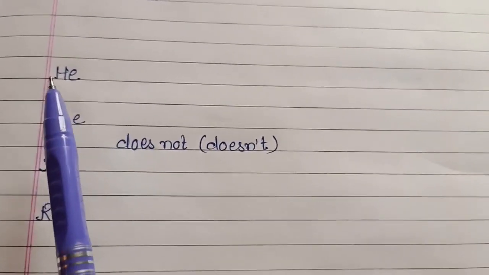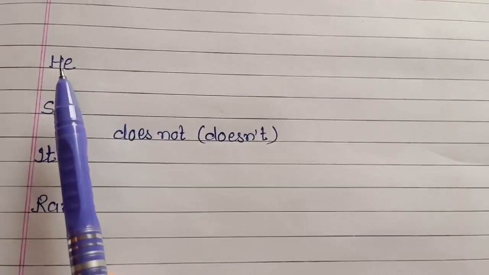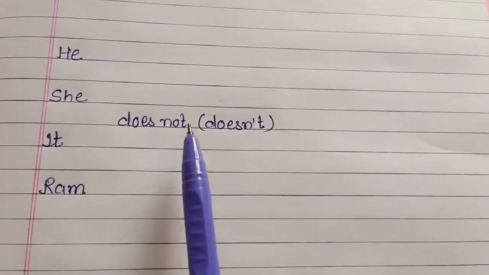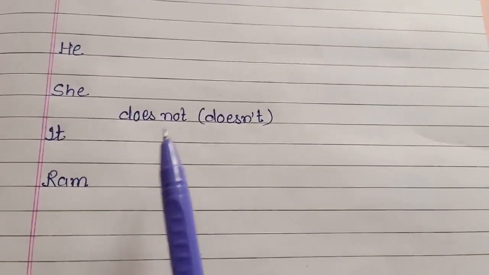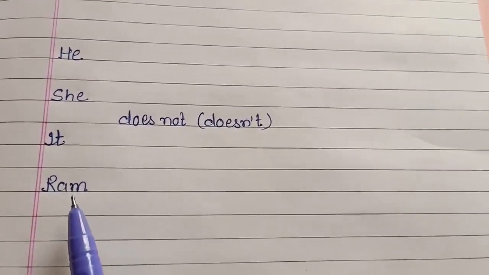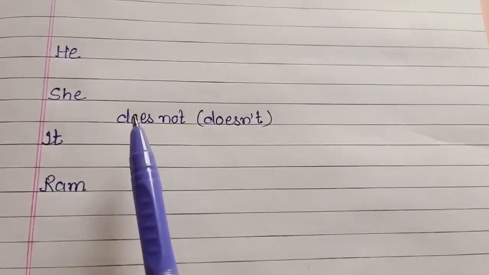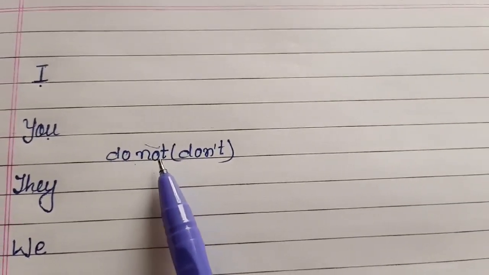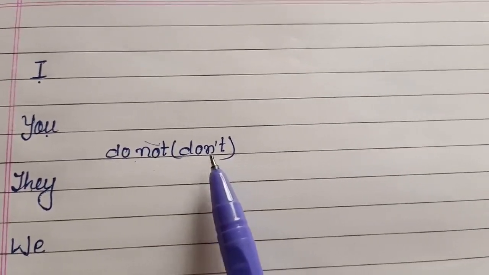Understood? And you will use does not with he: he does not, she does not, it does not, Ram does not. If the subject is singular, then you will use does not, and in short we call it doesn't, and do not, in short we call it don't.